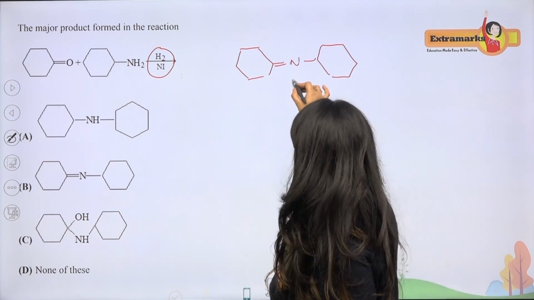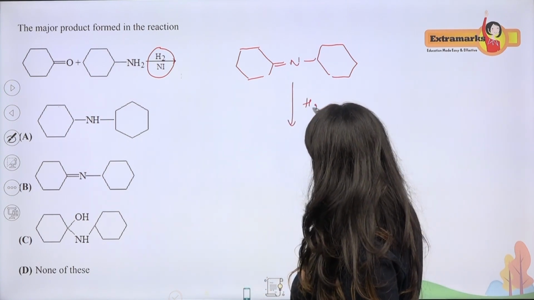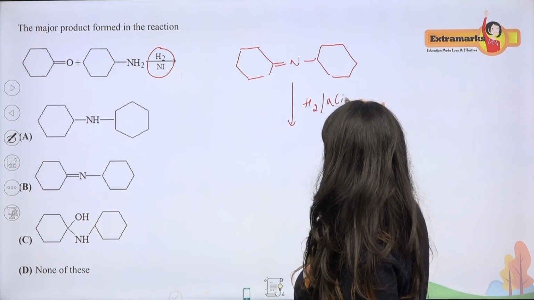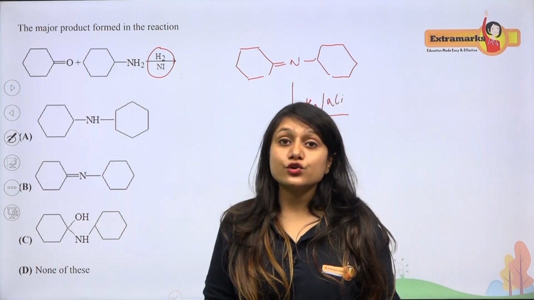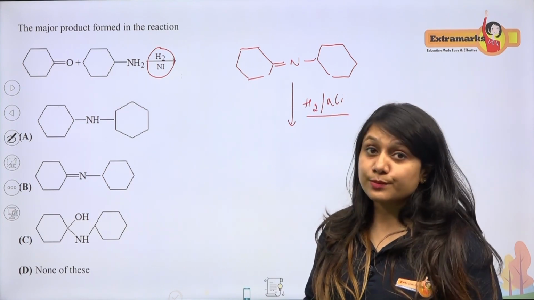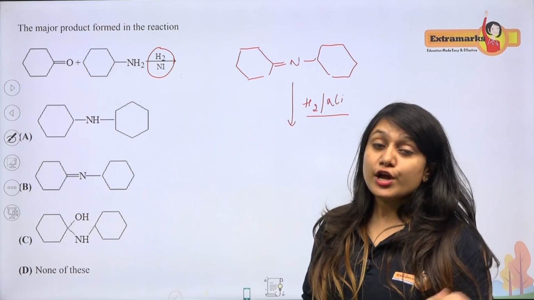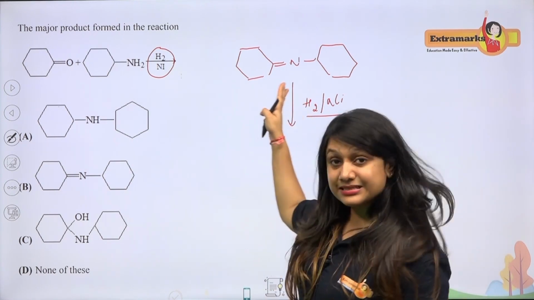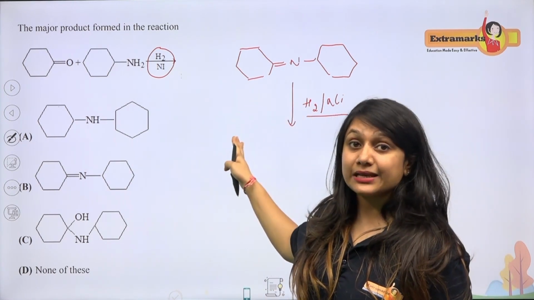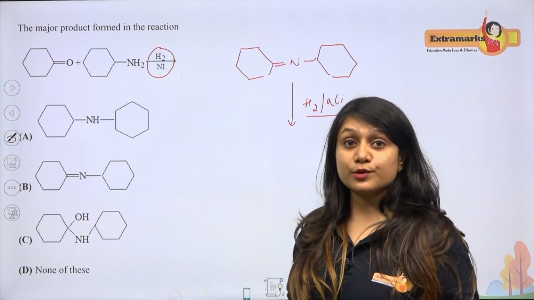After this, they are using the reducing agent H2/Ni. You know that this is basically used for hydrogenation of double and triple bonds, generally carbon double bond carbon, carbon triple bond carbon. Now the question comes, ma'am, does this also reduce this C double bond N, or is it only used for C double bond C or triple bond C?